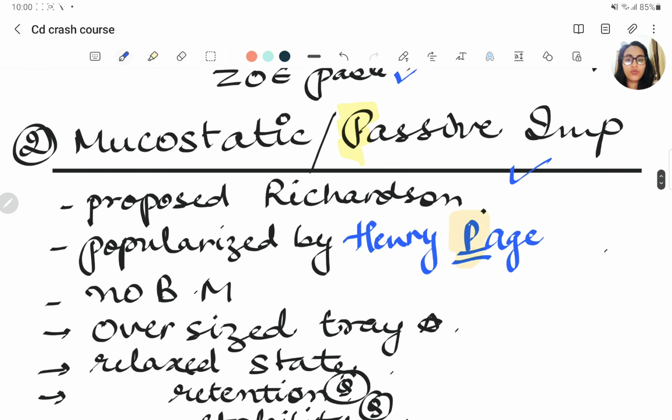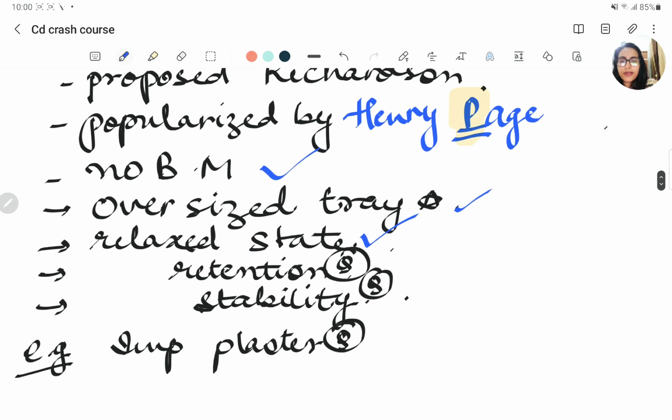There is no border molding in this case. We use the oversized tray. We take the impression in a relaxed state. So there will be poor retention of the denture since we take this impression in a passive state. The mucosa are not compressed, right? The denture is just slightly sitting on the mucosa.